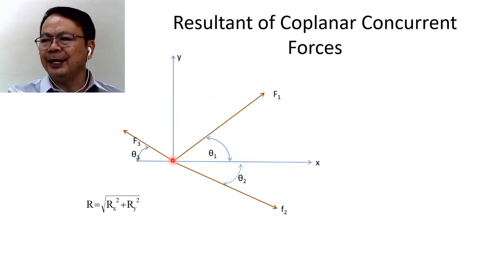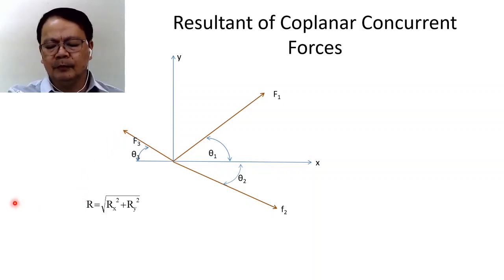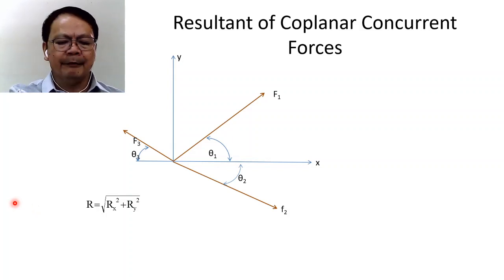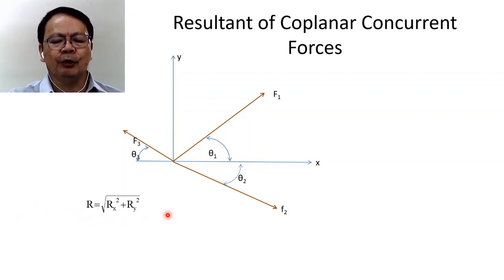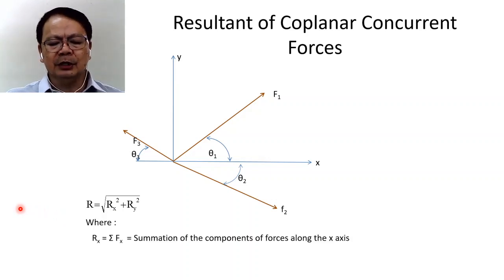To compute for that, the resultant is equal to the square root of Rx squared plus Ry squared. Now, in this formula, how do we define Rx? Rx is the summation of forces along the x-axis.